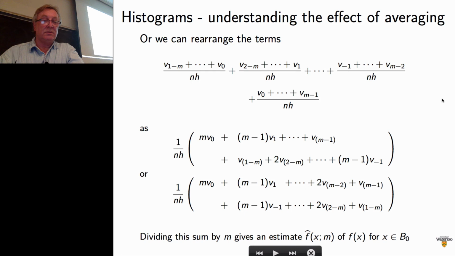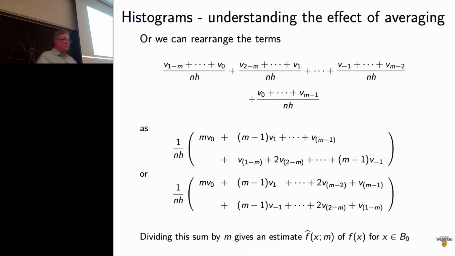Or just to make them line up, m v0 plus m minus 1 v1, or m minus 1 times v minus 1. So they match perfectly like that. Okay? So dividing that by m gives us our estimate f hat x with a parameter m here. That's our choice. How many divisions do we want to make for any x in that b0, that tiny interval.